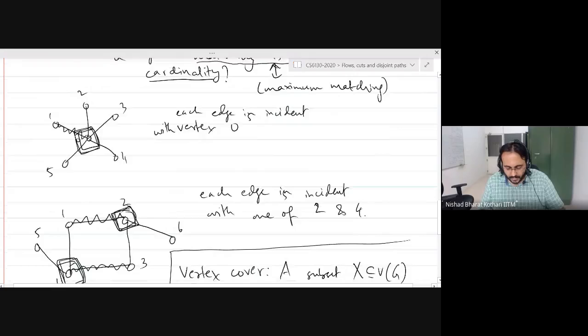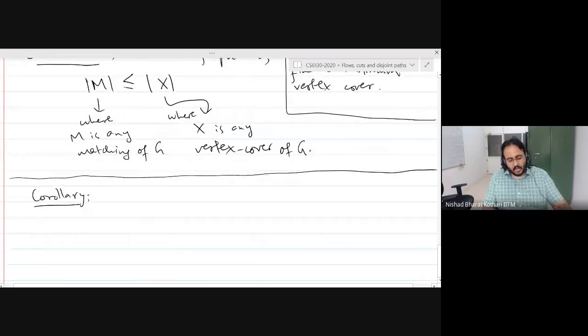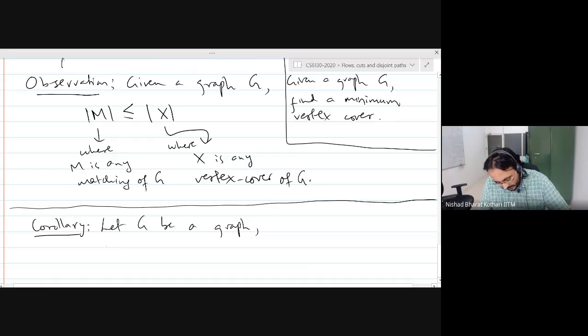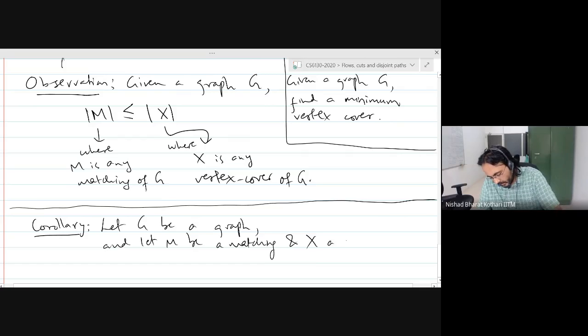I won't write it down. But here is an interesting corollary. Supposing, let G be a graph and let M be a matching and X a vertex cover.